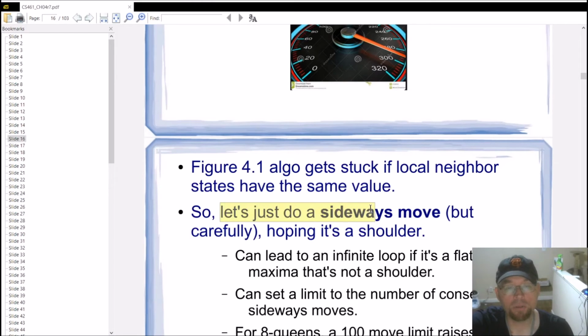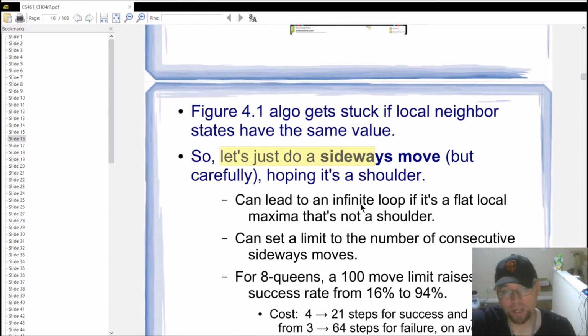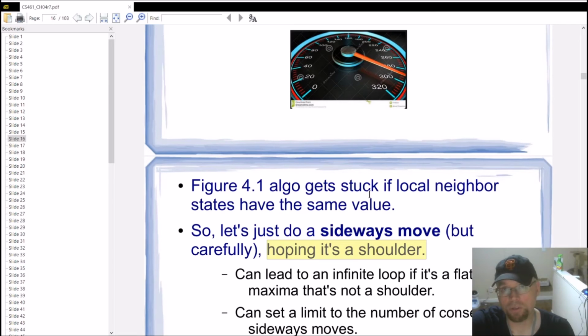So what can you do? Well, let's do a sideways move, okay? And you want to hope that you're actually on a shoulder rather than on one of those flat plateaus. So maybe you just simply change the algorithm to say, I'm going to make the current a successor node that is greater than or equal to what the current node's value is.